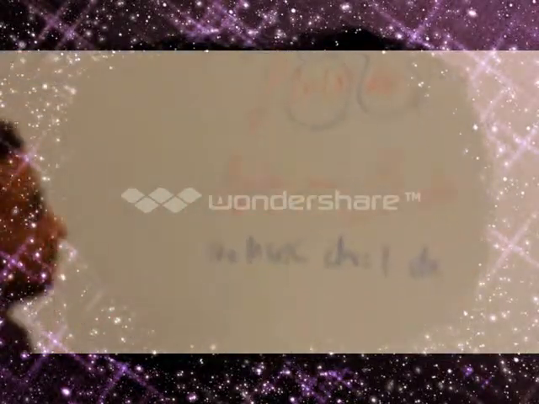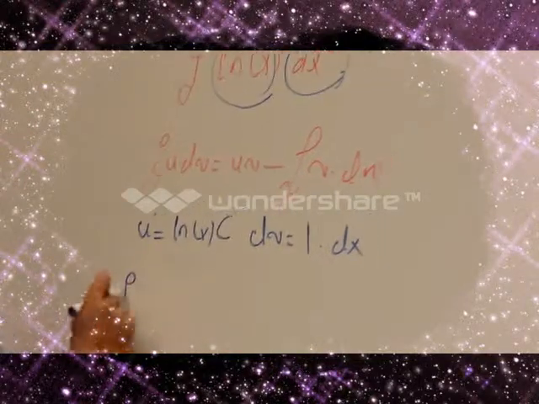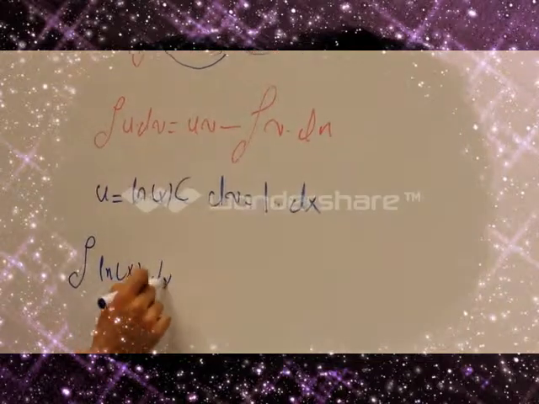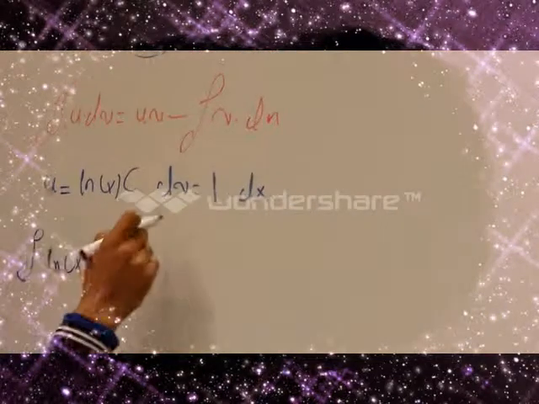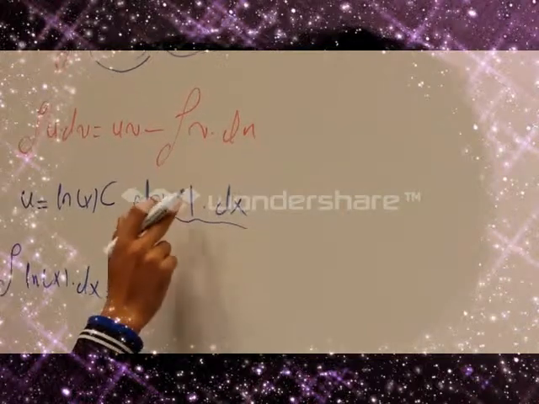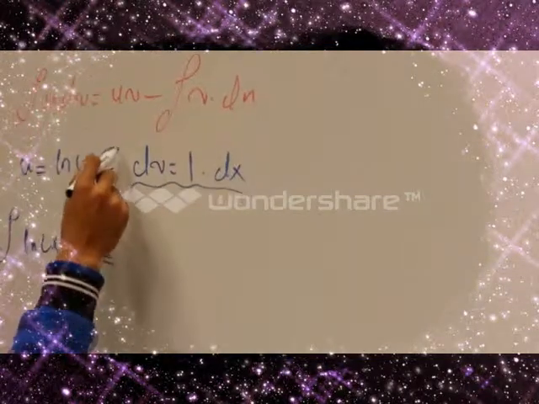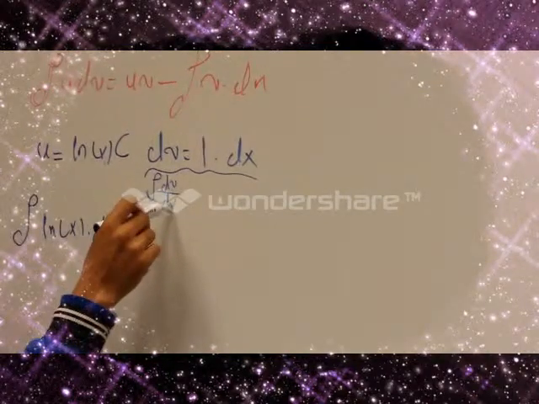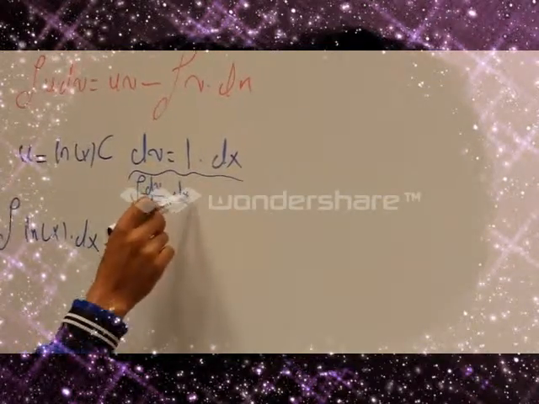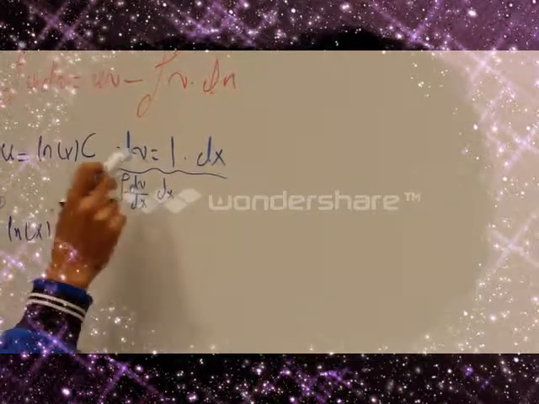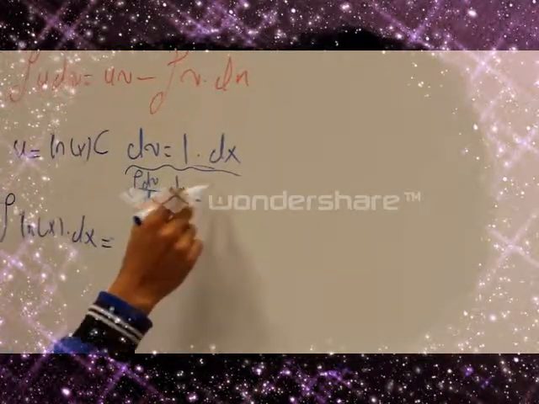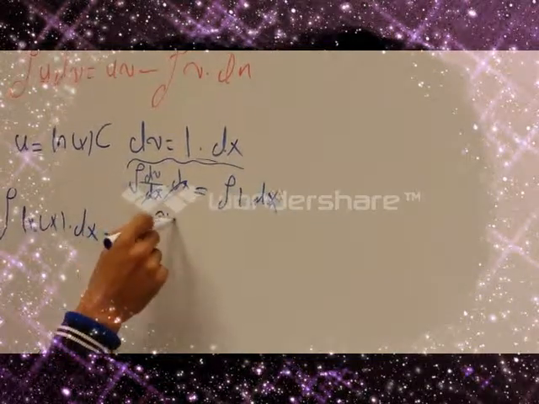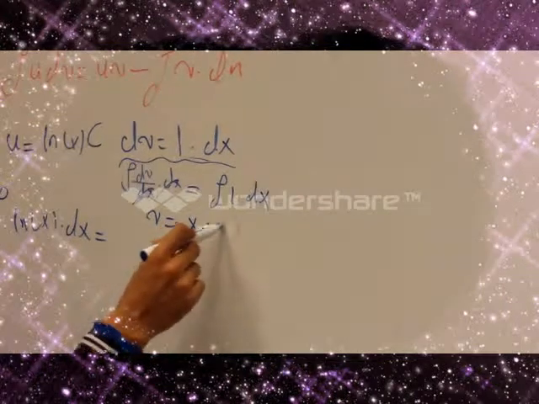Let's do it. So the integral of ln x multiplied by dx equals uv. So we have dv equals 1 multiplied by dx. So if I integrate dv equals the integral of 1 dx, v equals x plus c.